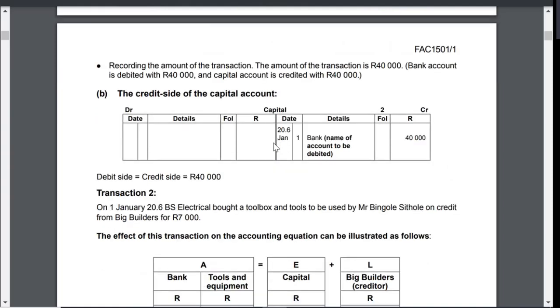Let's look. So this is the general ledger. Capital is equity. And when equity increases, you credit. That's why in this general ledger, this 40,000 is being credited. It's credited because this is equity, and when equity increases, you credit with this 40,000.